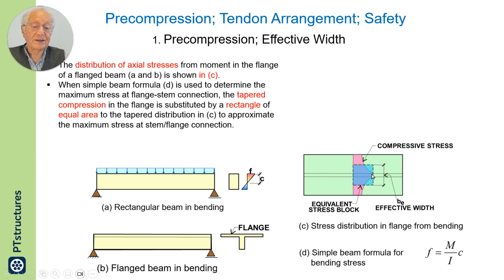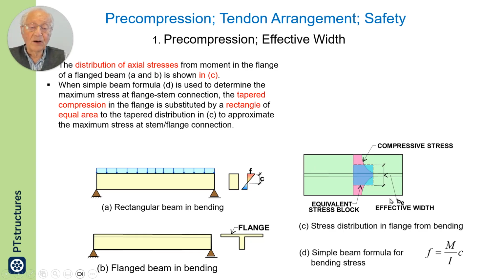Here, this area, the blue, is equal to the magenta behind it. So the traditional work assumes a distance such that the area below the rectangle will be equal to the actual stress distribution.